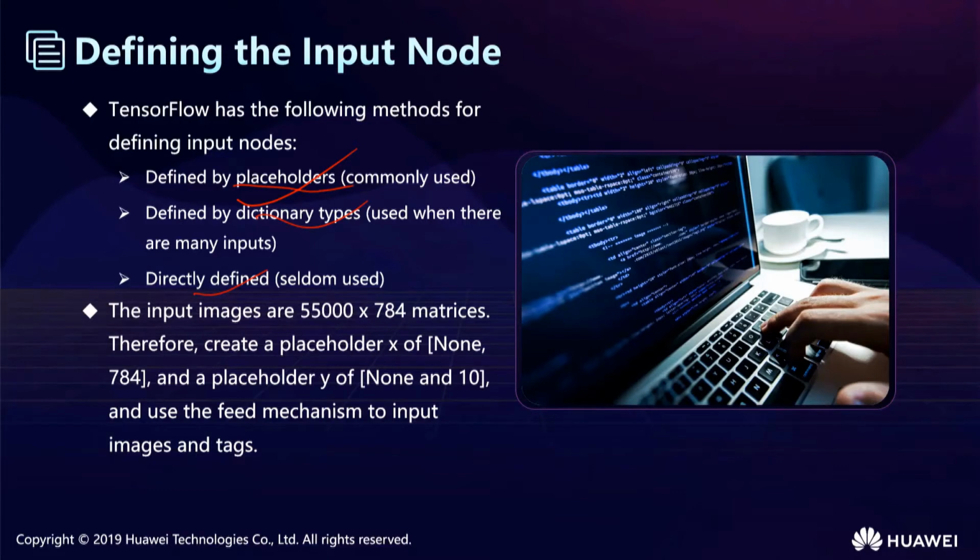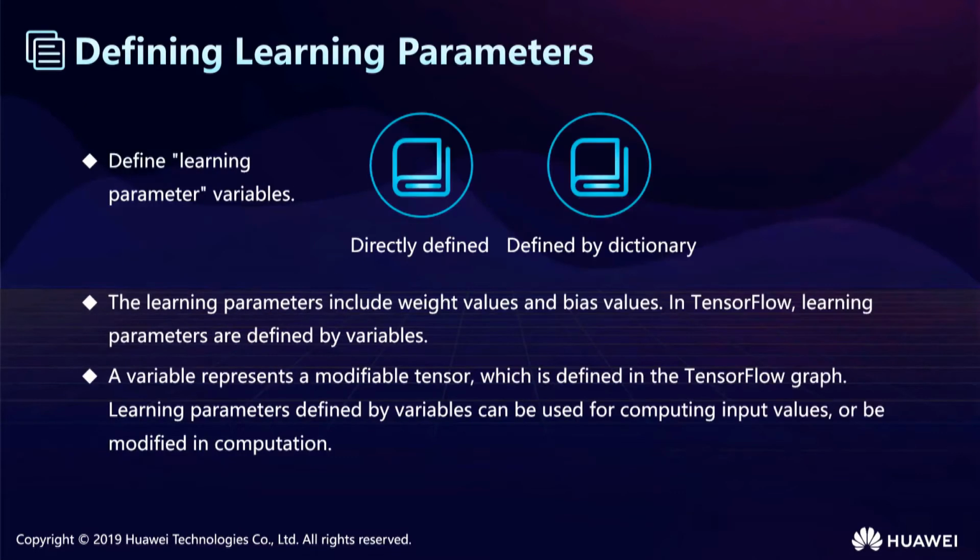Next, we will introduce how to set our parameters. Just like we learned before, when we build a model, we should define some learning parameters. Then we can use the training data to update these parameters and get a good model. TensorFlow has the following methods to define the training parameters: direct definition and by dictionaries.